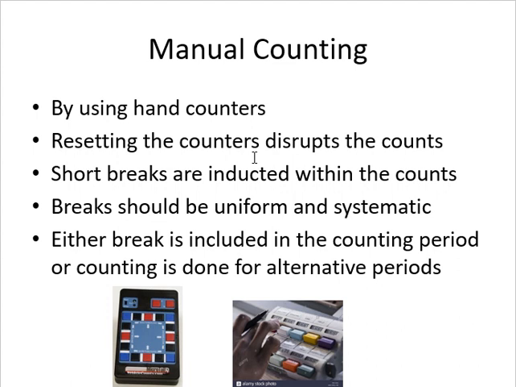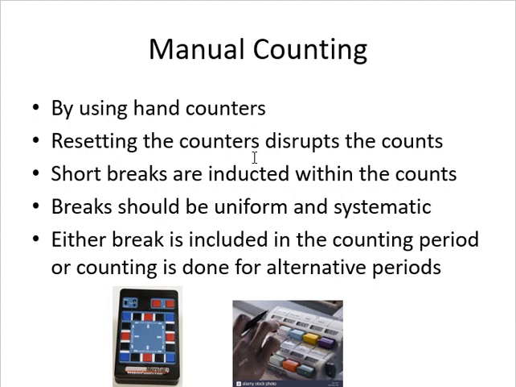If he doesn't follow the plan, then you don't know what to do with the values, because you don't know the value was taken for how many minutes. Maybe in the first half hour he didn't take a break, and after 1 hour he was taking a break after every 5 minutes. Okay, so we cannot let this happen.